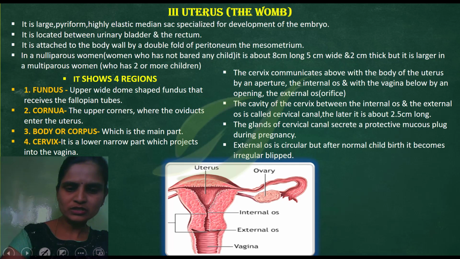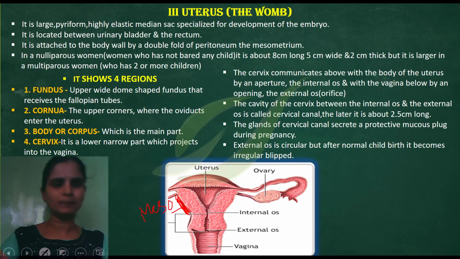Many double-fold structures will be present, which is called the mesometrium. In a woman who has not borne a child, the uterus size will be about 8 centimeters long, 5 centimeters wide and 2 centimeters thick.